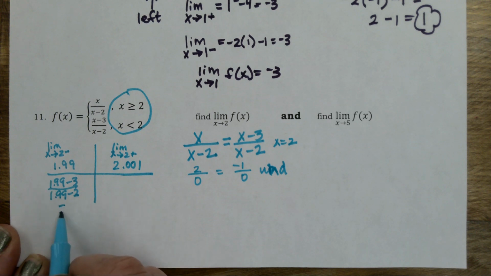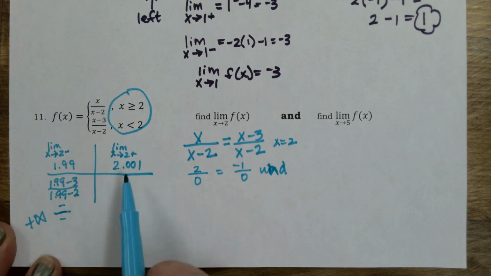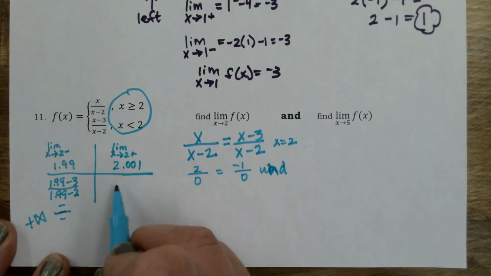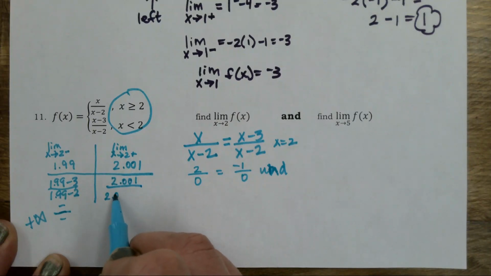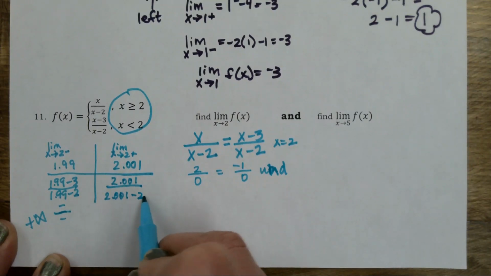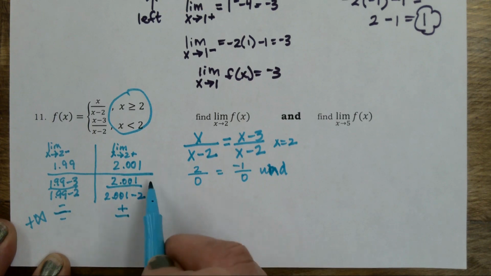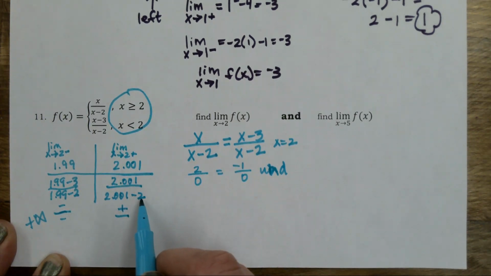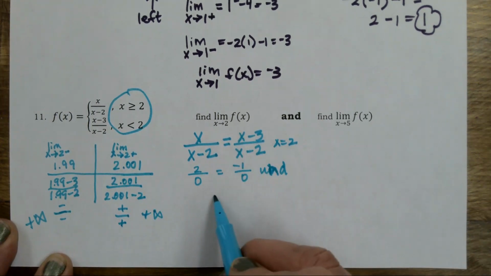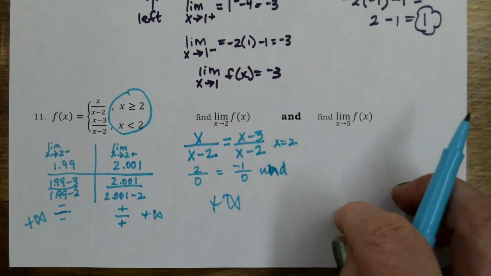Negative over negative, which is positive infinity over here. Okay, great. How about this side? I'm going to do the top one. So 2.001 over 2.001 minus 2. Positive on top, and positive on the bottom too, I think. Positive infinity. What's my limit? Positive infinity. Okay?